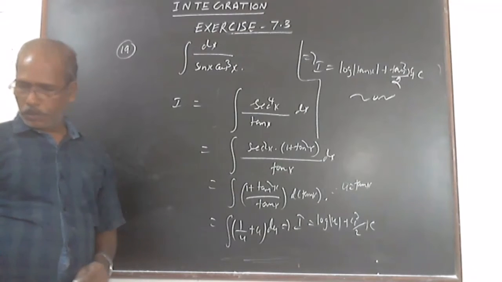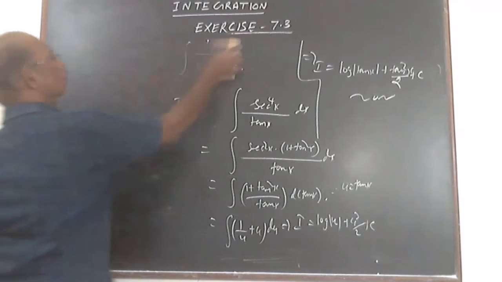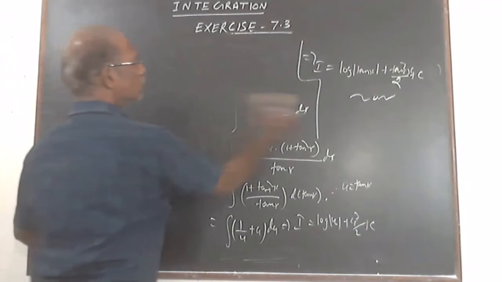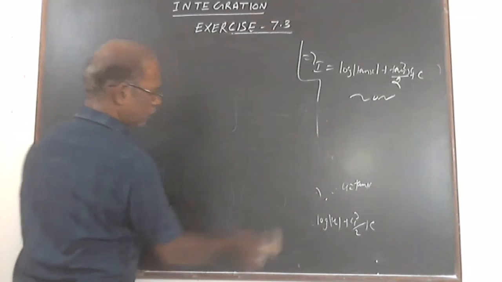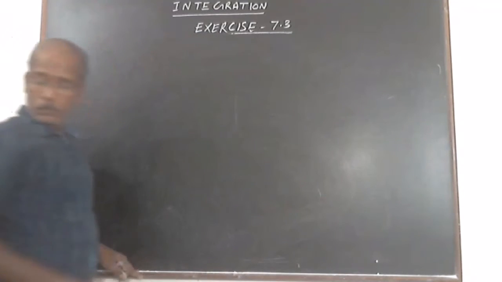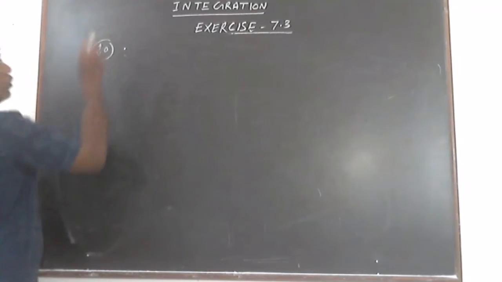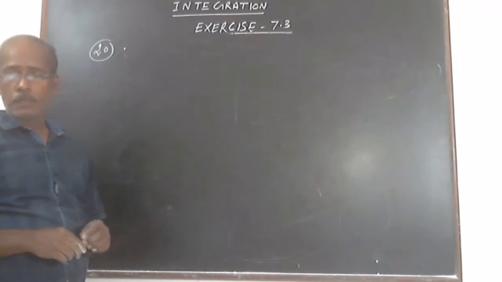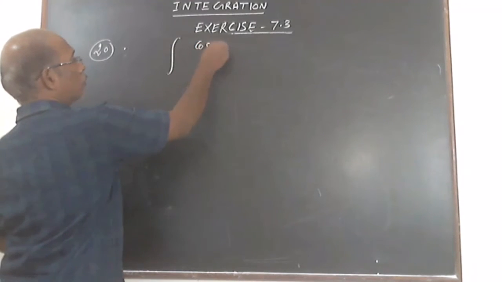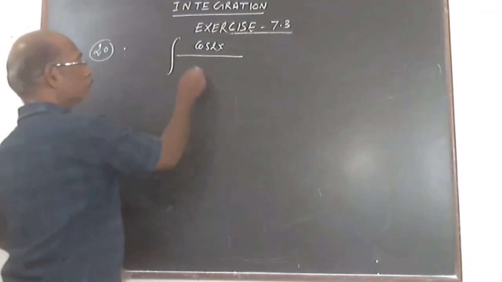Next question, question number 20. Integral of cos 2x, the denominator cos x plus sin x the whole square.